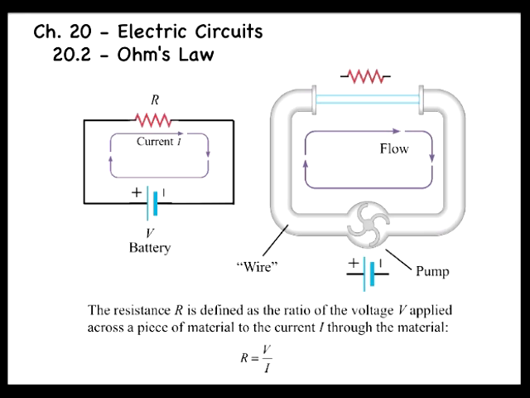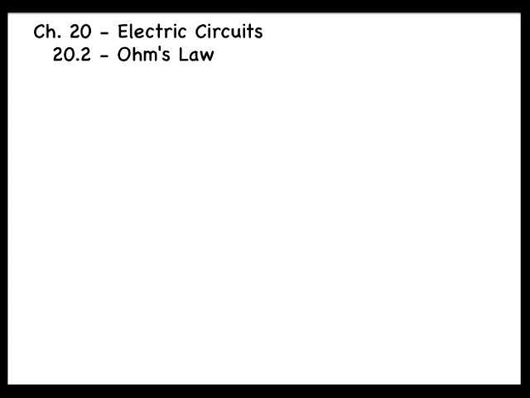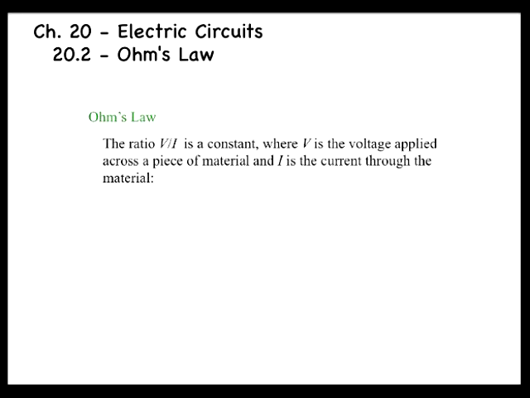In this case, the relation R equals V divided by I is referred to as Ohm's law, after the German physicist George Simon Ohm, who discovered it in the early 1800s. Ohm's law is stated as follows: the ratio V divided by I is a constant, where V is the voltage applied across a piece of material, such as a wire, and I is the current through the material.